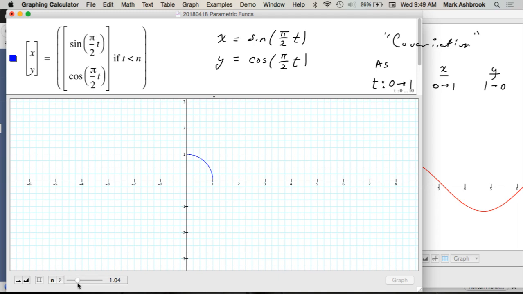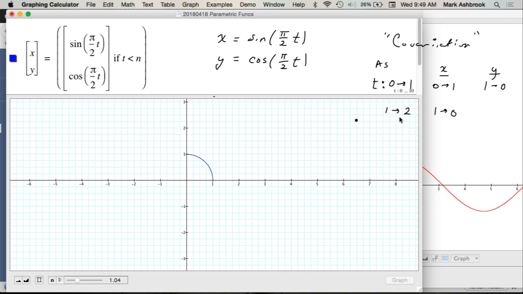We say as t goes from 1 to 2, what will x do? So now we're talking about the sine. x will go from 1 back to 0, and y will do cosine now. As t goes from 1 to 2, we'll have cosine from pi over 2 to pi.